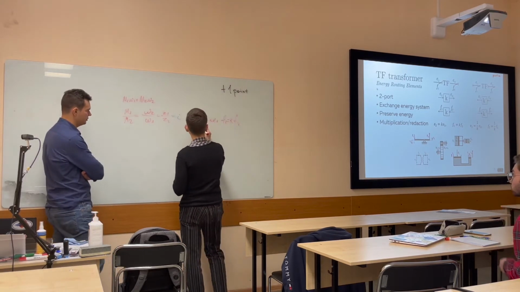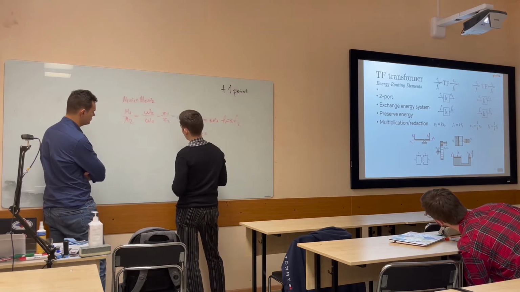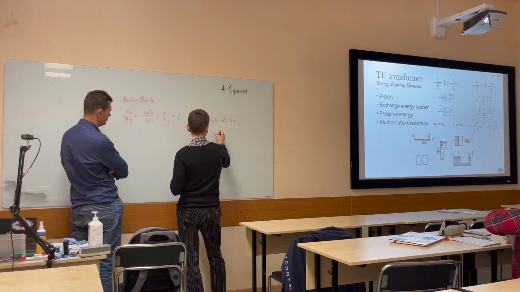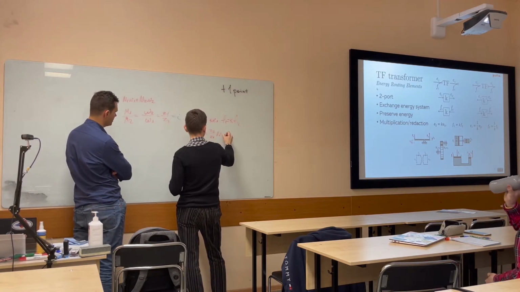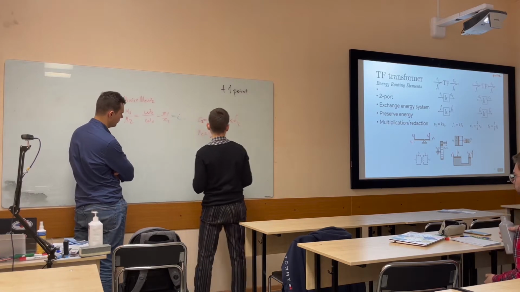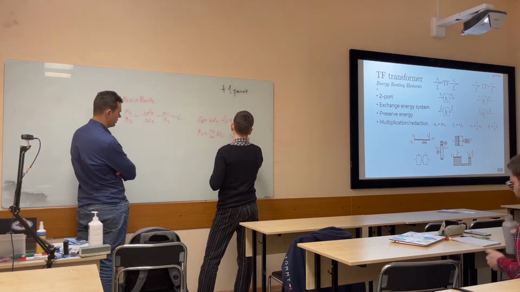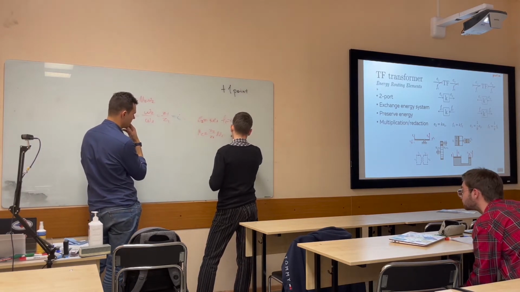So effort 2 will be M2, and it will be Z2 divided by Z1 times M1, right? And the other one is omega 1 instead of F.